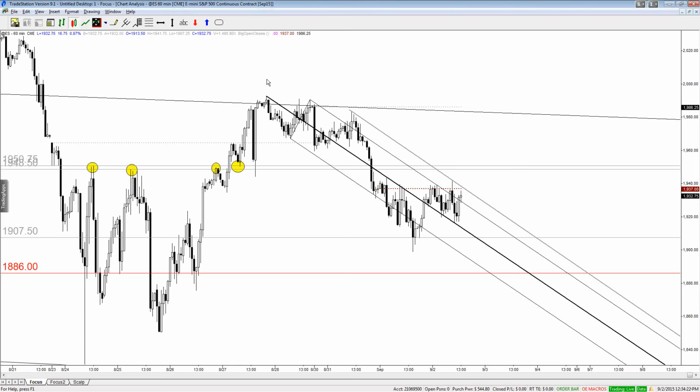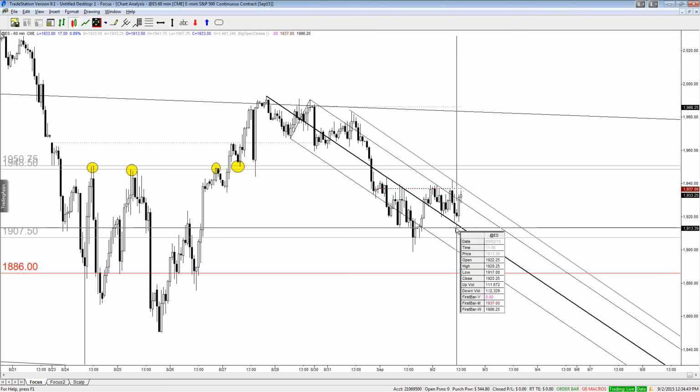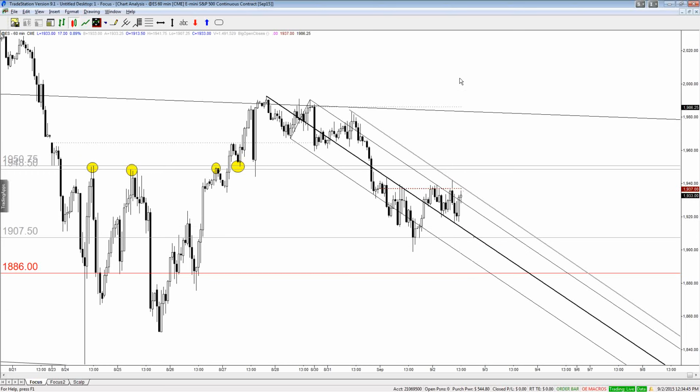Here's another example of original slope, and then using the parallels off that slope to get on the short side. That was this morning. We opened up here. That was a trade right there. It tanked from there, 41 down to 16, 25 handles.